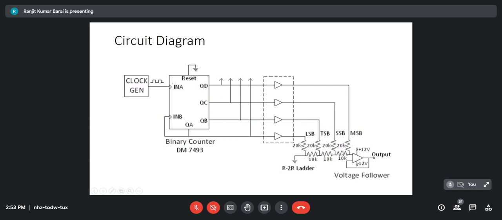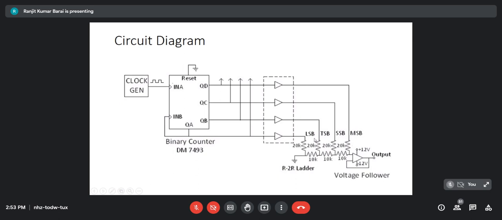You know that the equivalent resistance at the input of this voltage follower circuit will be R, that means 10 kilo ohm, whatever be the number of bits present, or whatever be the length of this R2R ladder network, its equivalent resistance will be R.